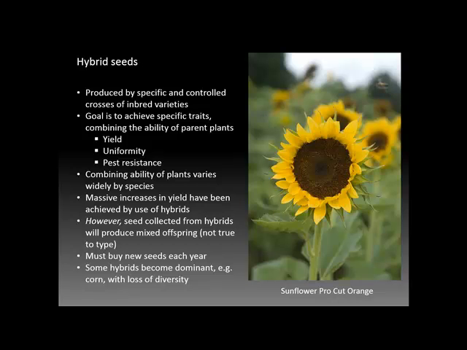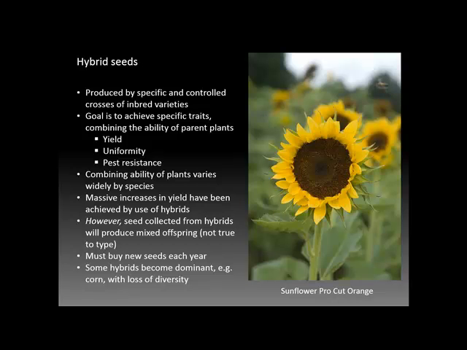For instance, yields of commodity plants like corn and soybeans have been increased dramatically over the past, especially the past 50 years, along with uniformity of size and ripening of the seeds, and pest resistance. These are goals and accomplishments of current breeding programs.